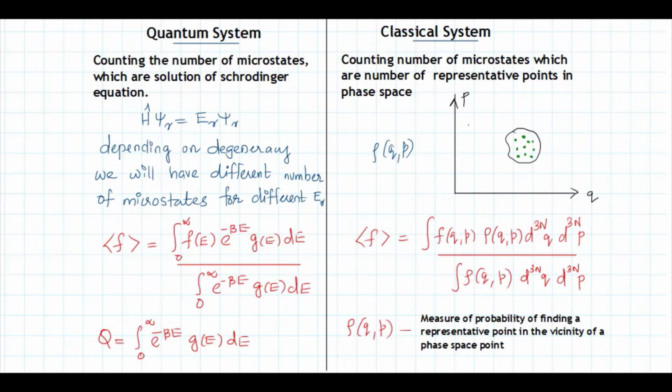If you consider another volume of the same magnitude, and you consider the representative points in that volume, then that may be different, depending on the value of rho. So we can say that around a point here there are a large number of representative points, but around a point here there are fewer representative points. So rho of q p, the density of points, depends on the point around which you are going to calculate the number of points.